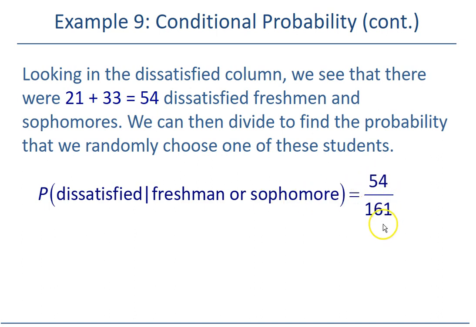And we get 54 out of 161, which gives you this decimal fraction. Now again, these wavy lines indicate approximation because we're rounding off a little.